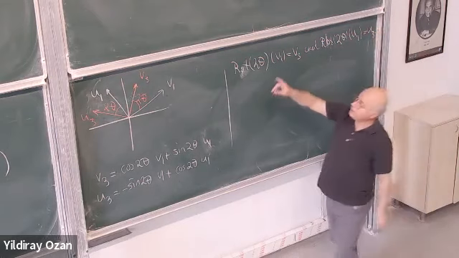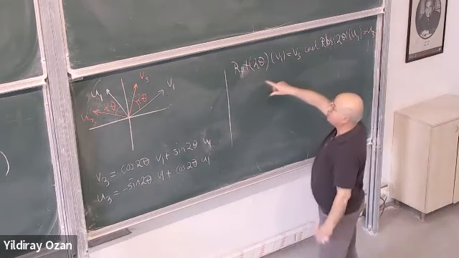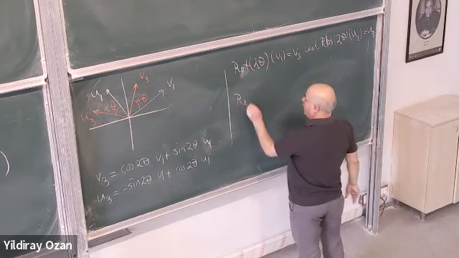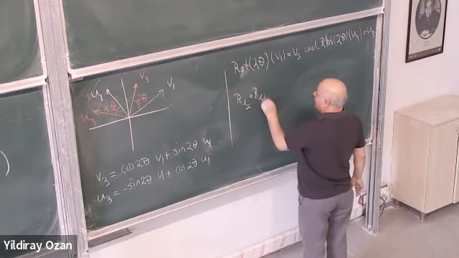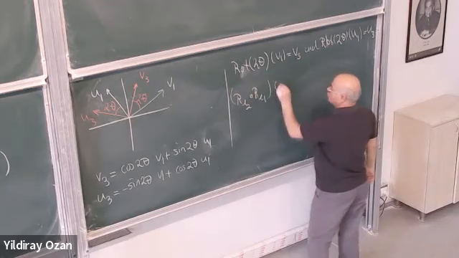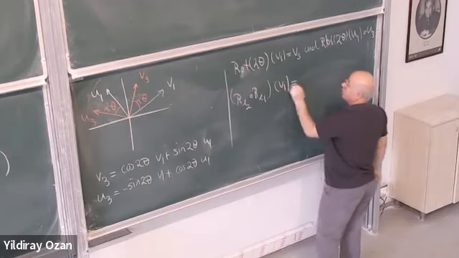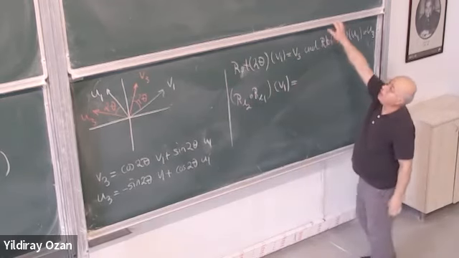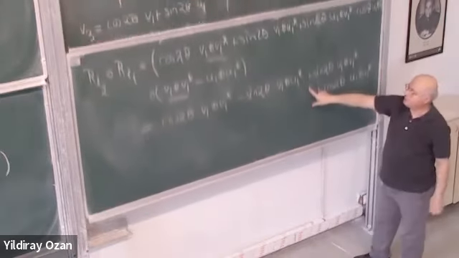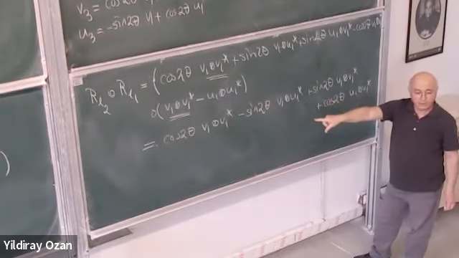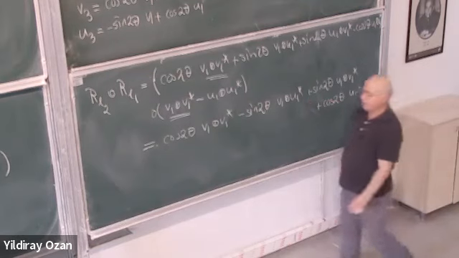And I claim that the composition is the rotation. So let's see. RL2 composition RL1 applied to V1. When I feed this guy with V1, let's see what we get.